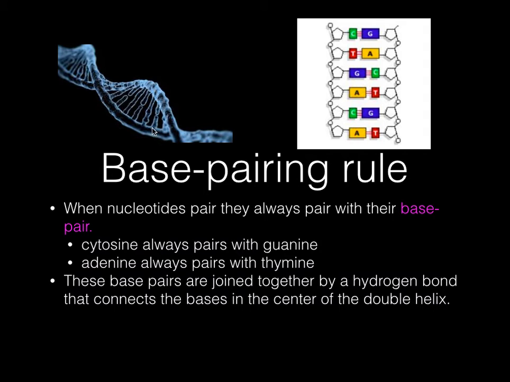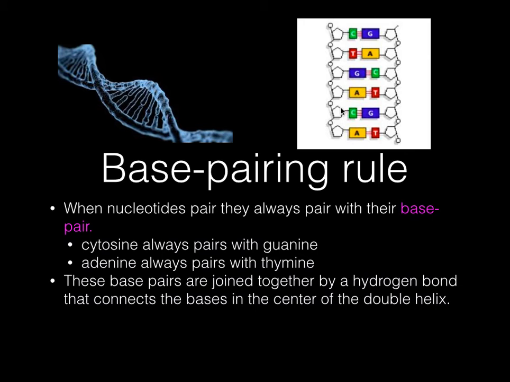So right here we have a molecule of DNA, and the sugar and phosphates are making this backbone here. And then our nitrogenous bases are making these rungs, and they're connecting on these rungs. They have different connections or different bonds between the different base pairs.